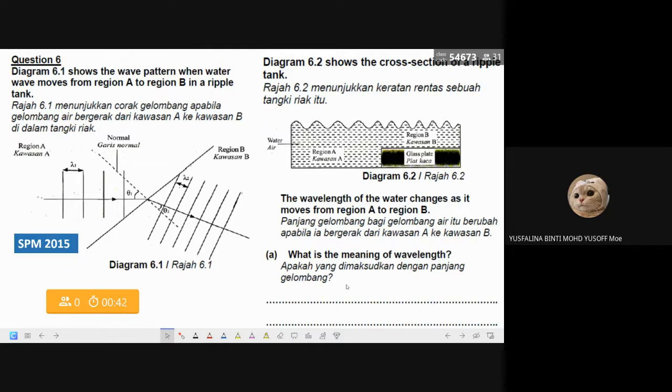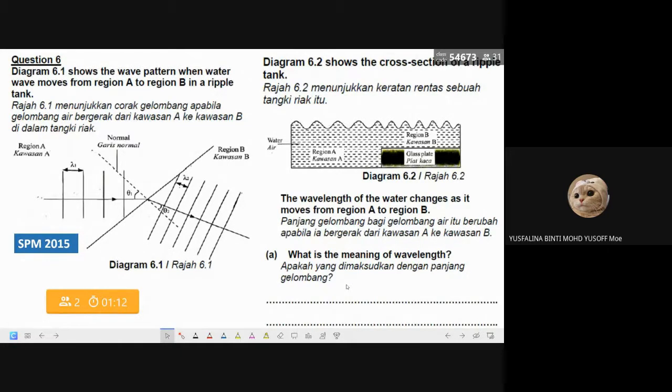So what does it mean by wavelength? You can find the meaning from the notes if you already took notes.